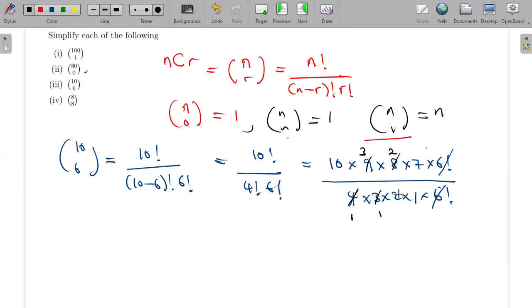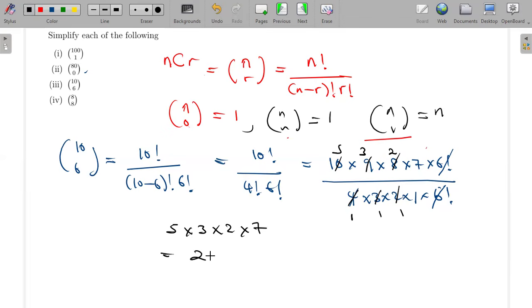And then you have 2 there, 1, and then 2 into 10 gives 5. So on top we just remain with 5 multiplied by 3, multiplied by 2, multiplied by 7. So I can just multiply 5 multiplied by 3, multiplied by 2, multiplied by 7.